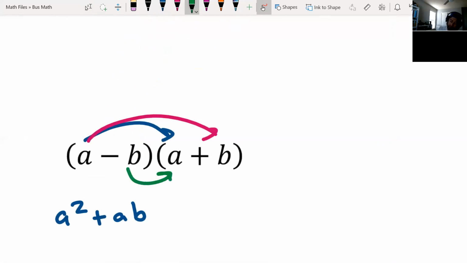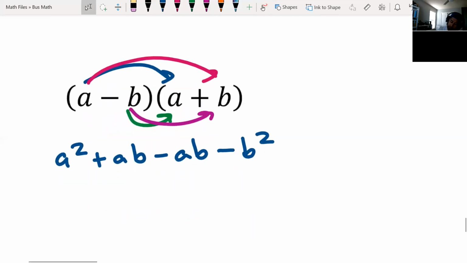Negative b times a, negative ba, or negative ab. And then negative b times b, negative b squared. Combine like terms, and your ab's will cancel. So this leaves you with a squared minus b squared.